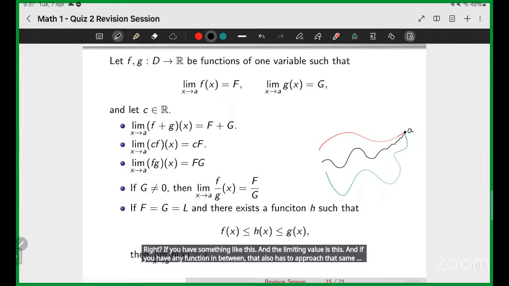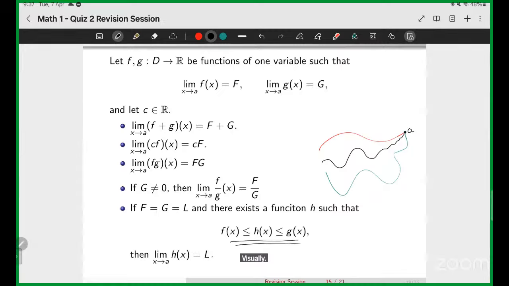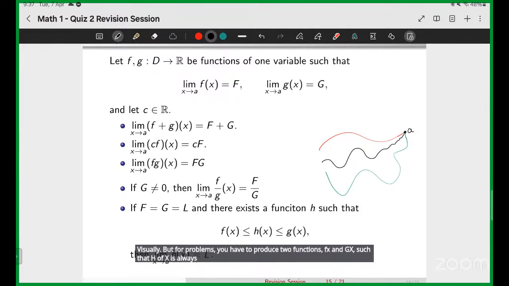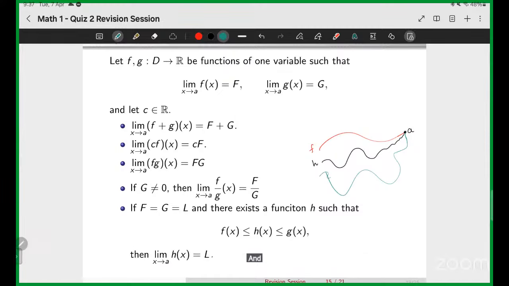This is just the sandwich lemma visually, but for problems you have to produce two functions, f(x) and g(x), such that h(x) is always in between these.